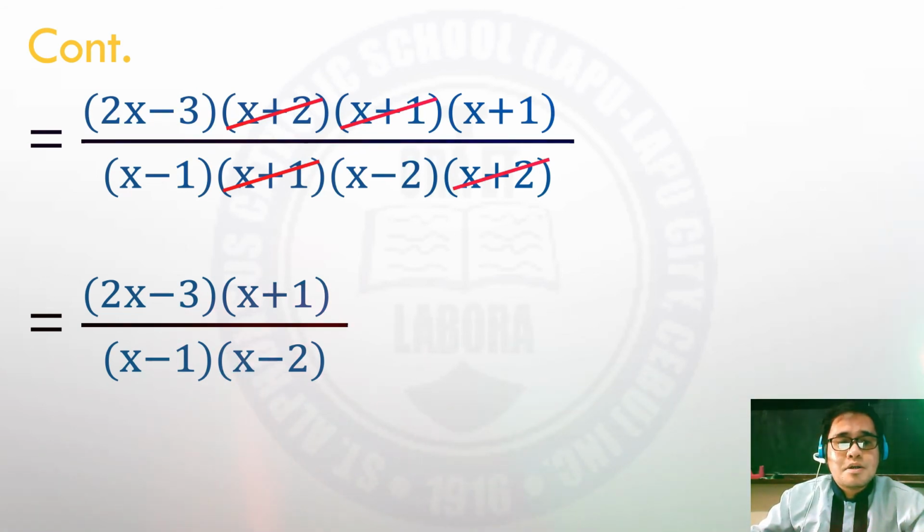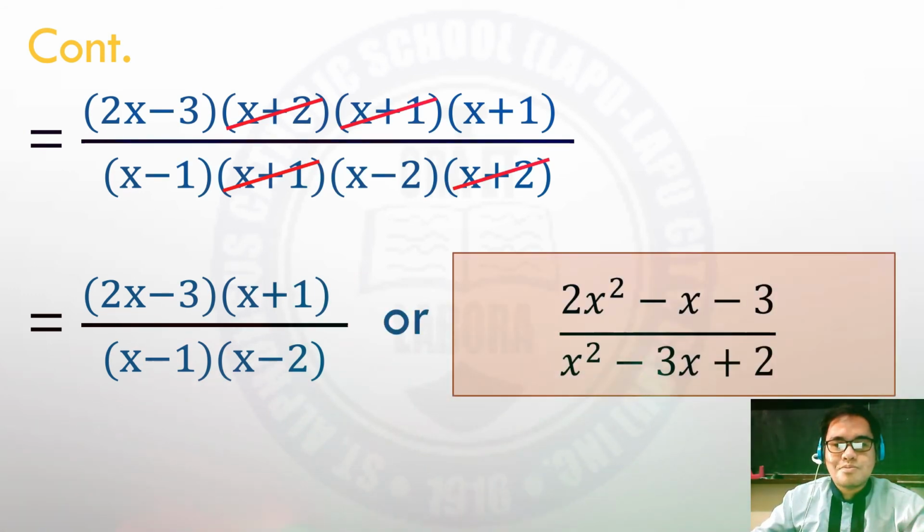Since we cannot see any more same factors in both numerator and denominator to cancel, we will multiply them using the FOIL method or the distribution process. So the answer would be 2x squared minus x minus 3 over x squared minus 3x plus 2.